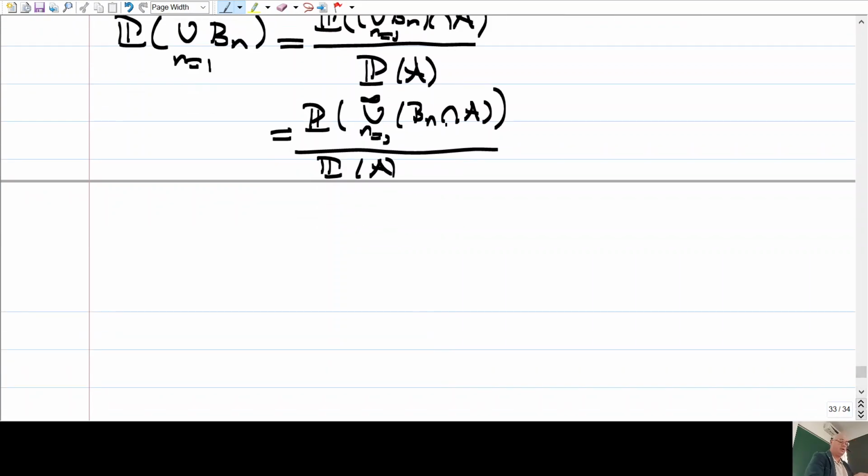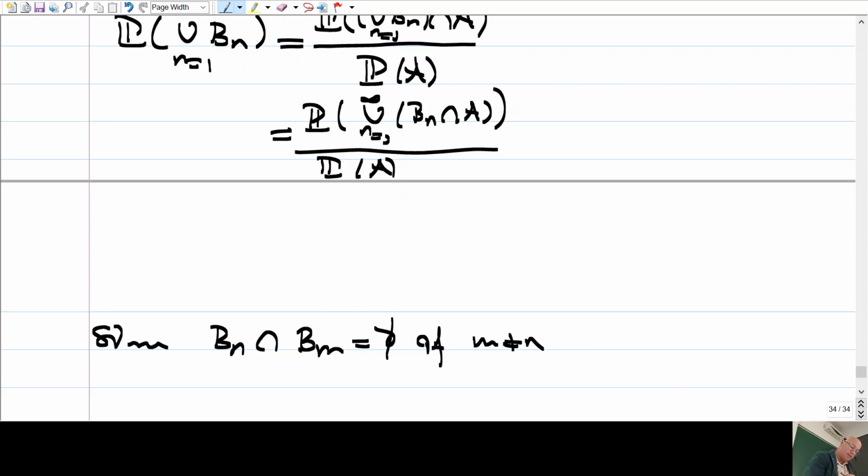Well, here the Bn's are mutually disjoint. Since Bn intersection Bm is empty if m is different than n, so is Bn intersection A intersection Bm intersection A, right?